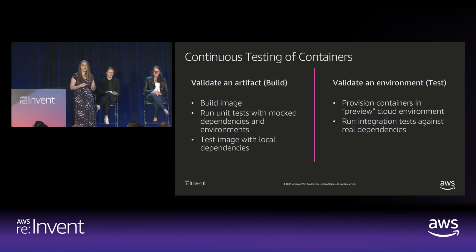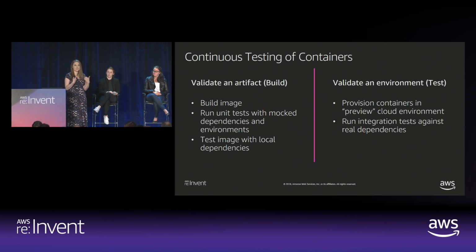So I've been thinking more about why continuous integration of containers and microservices is different than what we've seen before with monolithic applications. And one of the things that I've been thinking about is that when we're running unit tests and mocking out dependencies, and we're testing images with local dependencies like LocalStack or DynamoDB Local, we're really only validating an artifact.